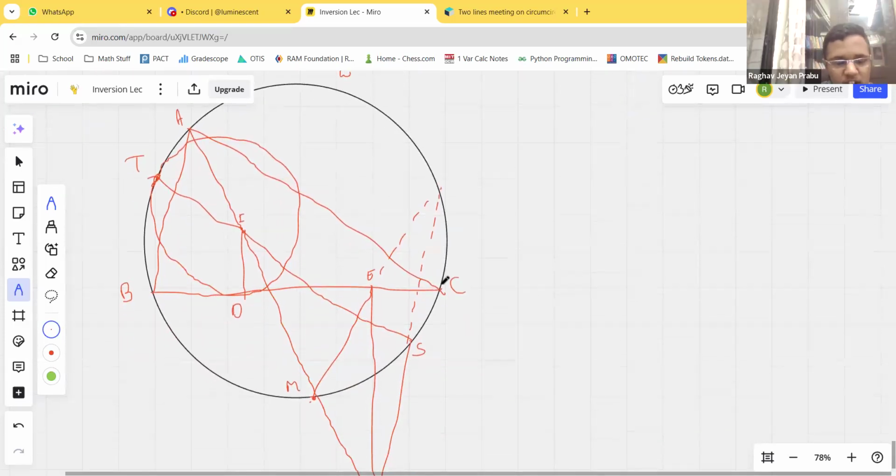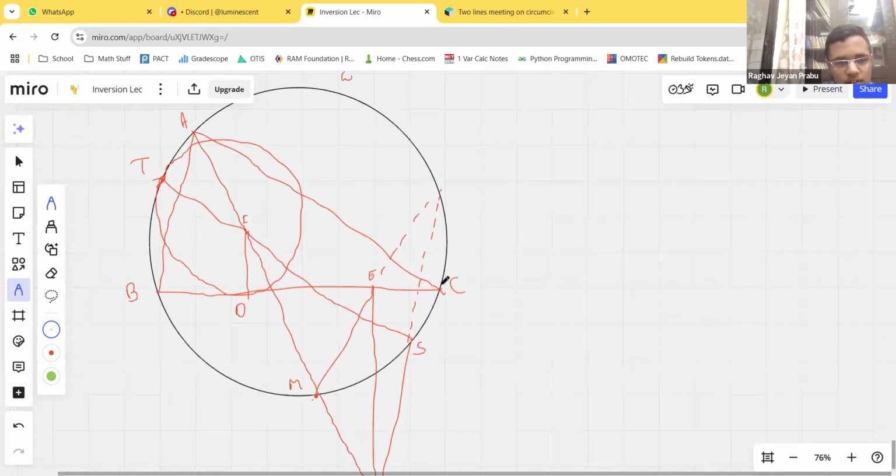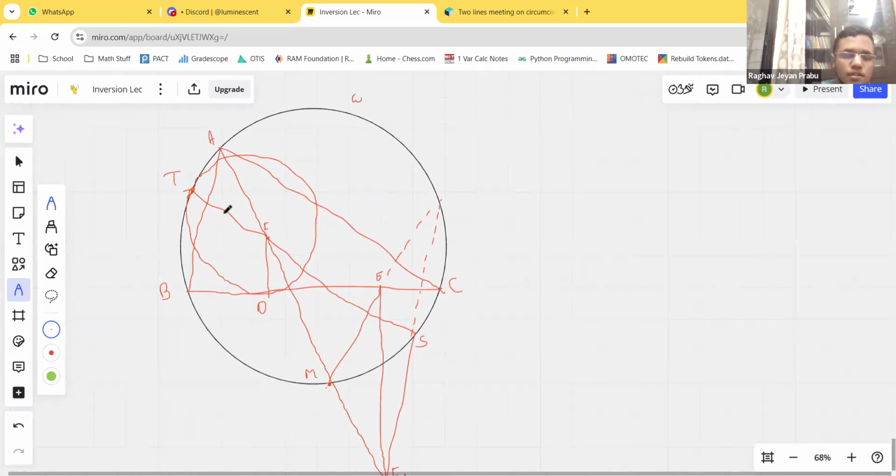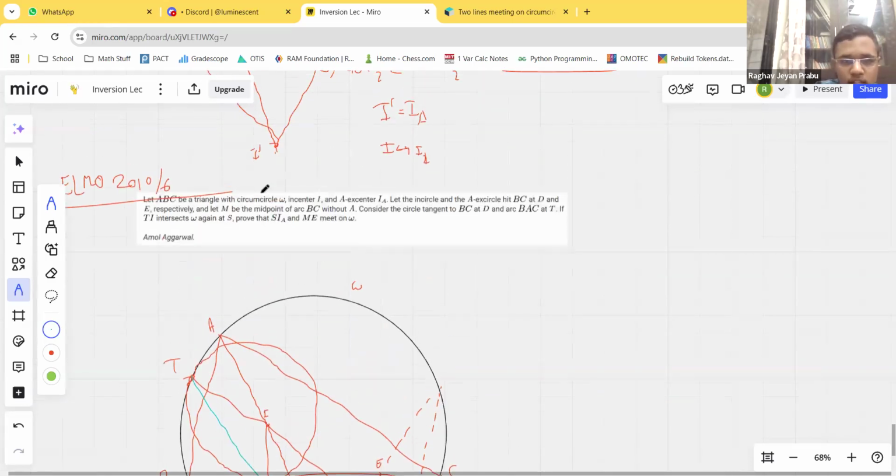So let's make some initial observations. If you have studied homothety, then you know that MDT is collinear. Why? Because if you take a homothety at T, which sends this circle, I'll call this circle, have they given a name?